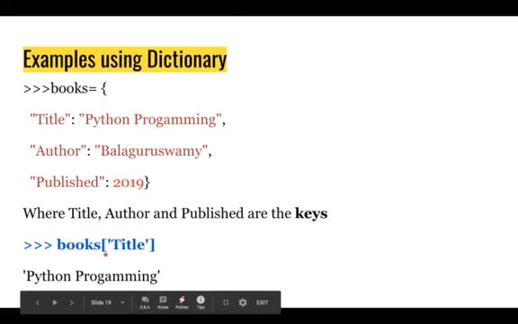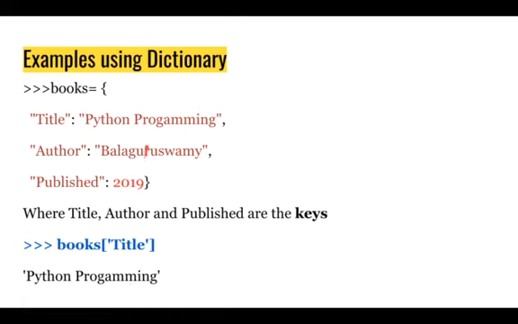So, books within square brackets, the keys have to be mentioned within square brackets. Within square brackets, within single quotes, title will display the value as Python programming. Okay. And here the key and value are separated using a colon.